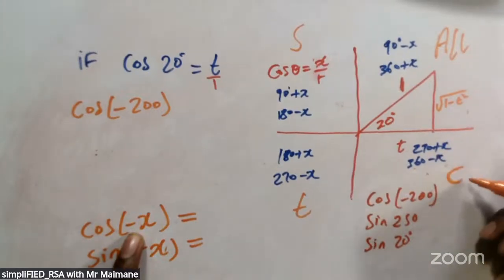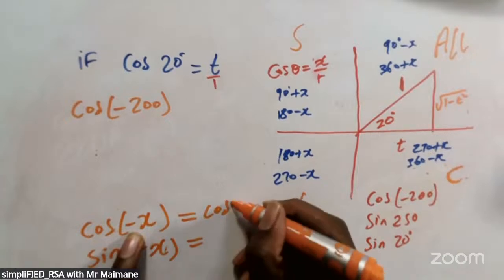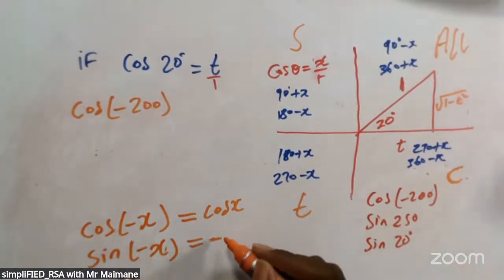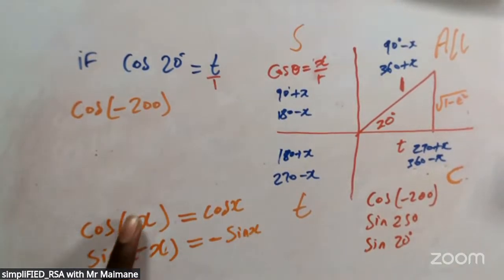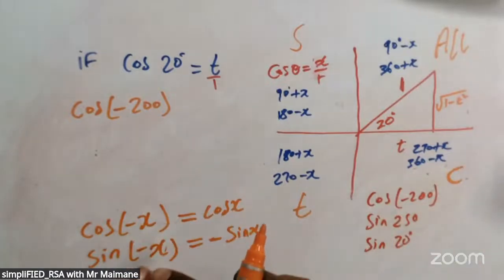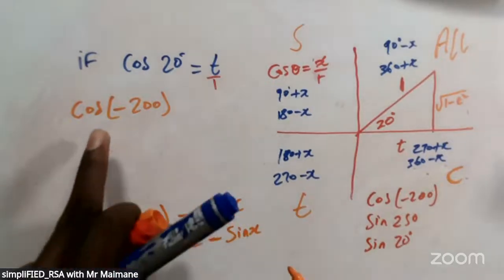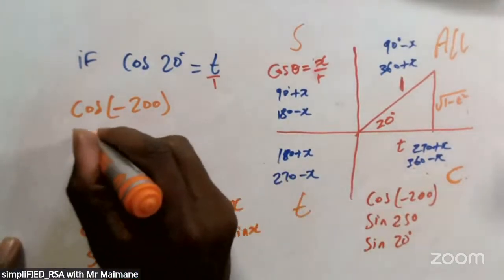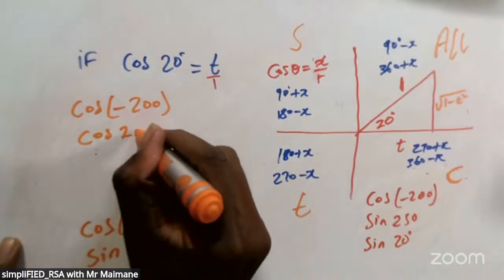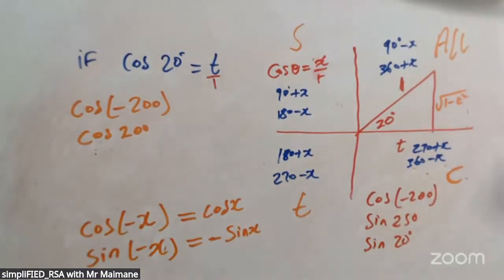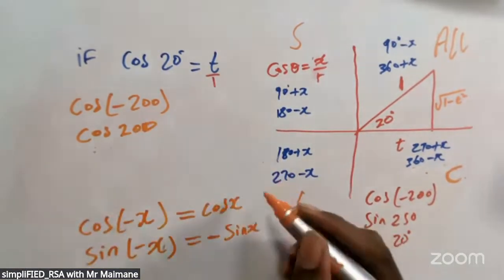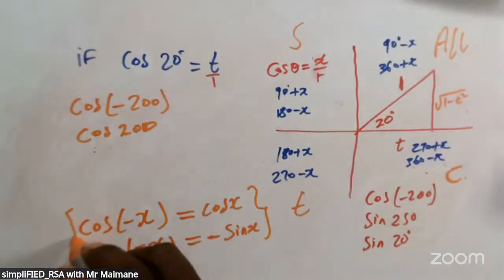And on the fourth quadrant, cos is positive, but sine is negative. I'm talking about just the negative part of it only. So cos of negative 200 is the same as cos of positive 200. That's how I get rid of the negative, because I applied this rule.